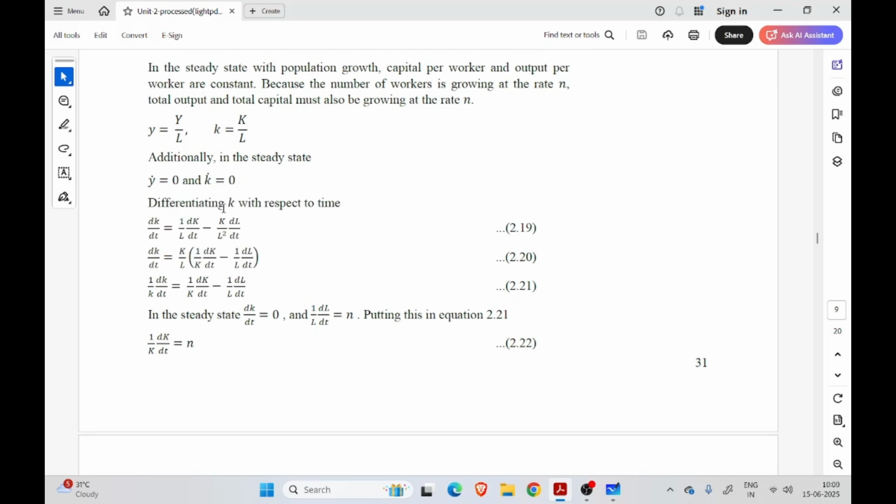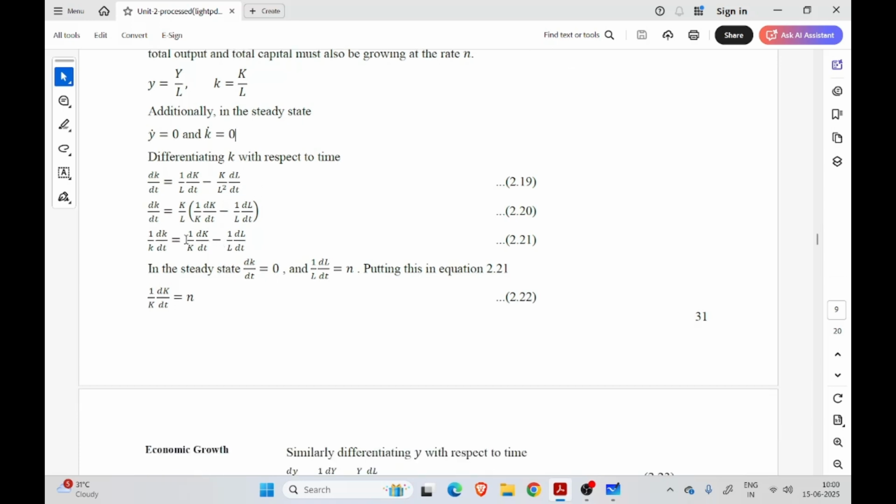Now differentiating k with respect to time, we get, again we have already done this, d(k)/dt equal to 1 by L dK/dt minus K by L square dL/dt. Therefore we take k by L common here and we get 1 by K dK/dt minus 1 by L dL/dt. In steady state, the left hand side term becomes 0, and therefore we have 1 by capital K dK/dt is equal to 1 by L dL/dt, which is n.